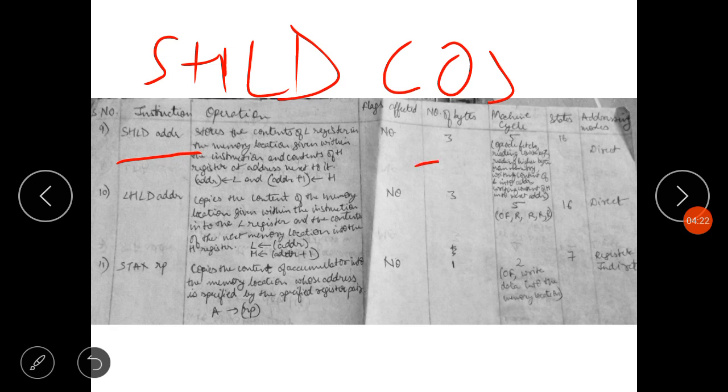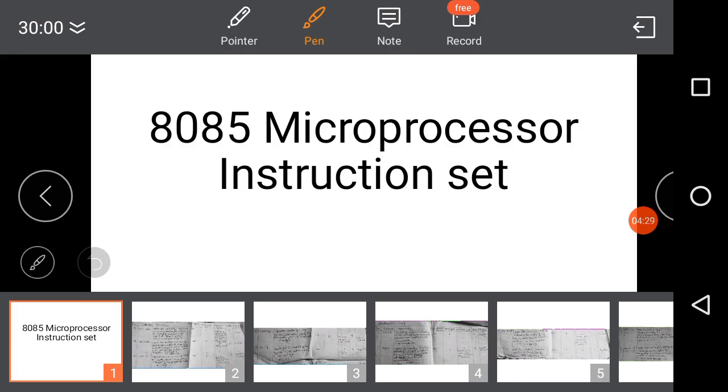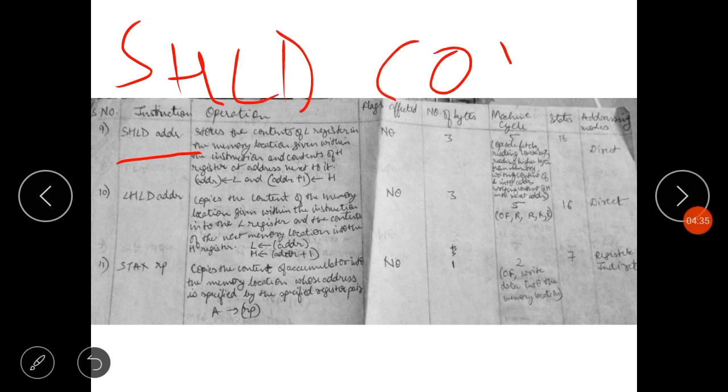Now, the number of bytes: how many bytes is this instruction? As I've told you, for example, SHLD C050H. Suppose SHLD, let the address be C050H. Every instruction of the 8085 microprocessor has 1 byte for the opcode.